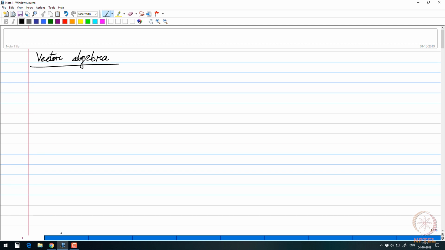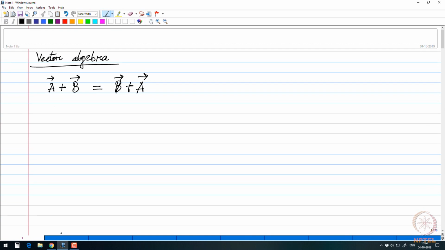In vector algebra, we first briefly mention addition of two vectors. If we add two vectors, vector A plus vector B, that's commutative. That means we get vector B plus vector A. These two are the same thing.